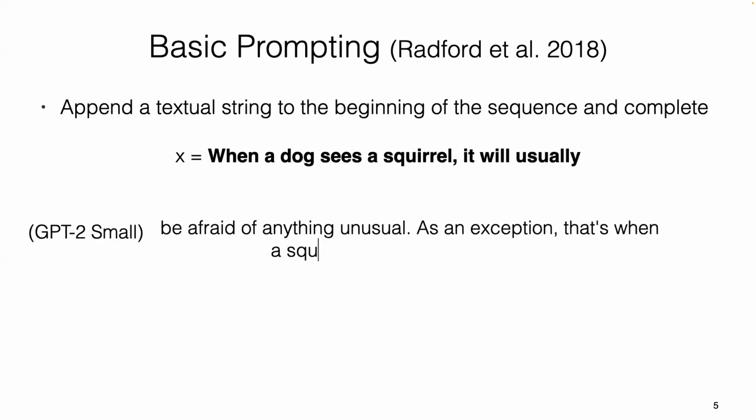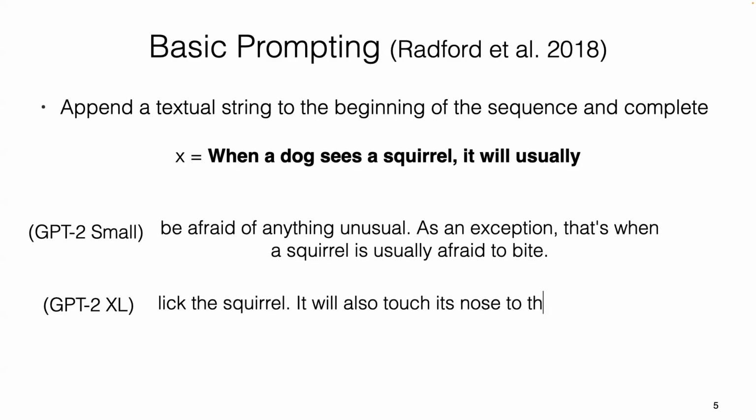You could give it to this GPT-2 small model, an older, smaller model, and it completes it. You could give it to a larger model, and maybe it completes it better or at least differently. This is just what these language models do: they complete text. So you can refer to this input x as a prompt.